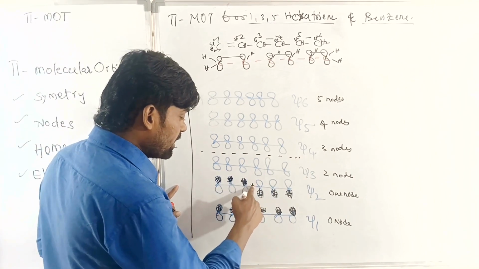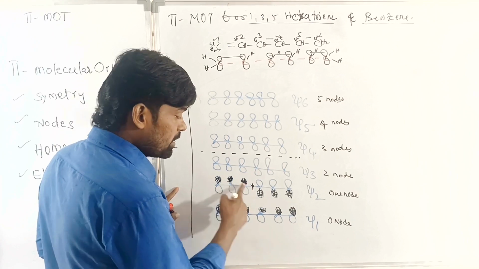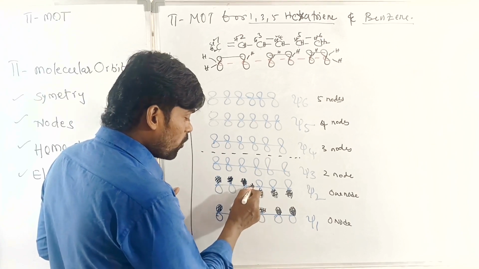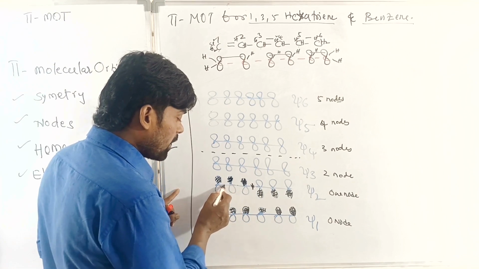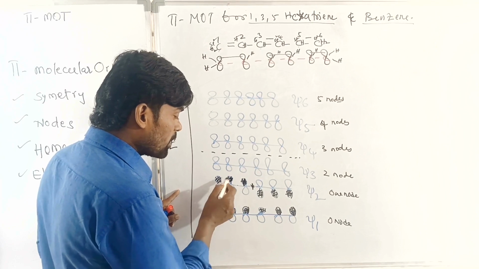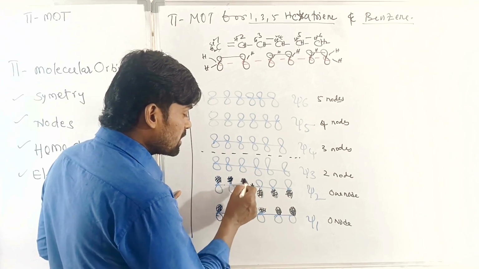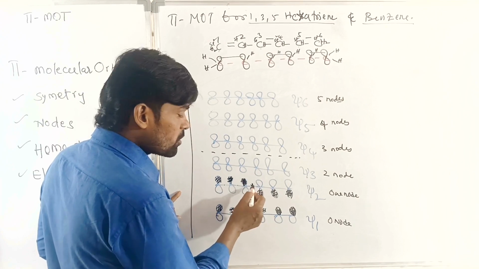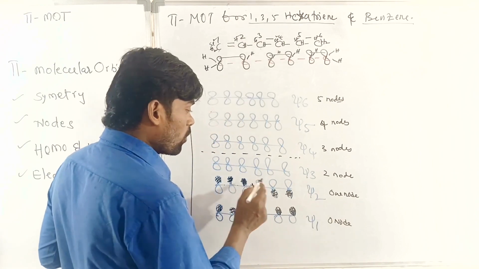Simply, we can divide it into 2 parts. If we cut here, there is no node. If we cut here also, there is no node because both are the same. If we cut at this place, there is a differentiation between these two, so a node is formed. Only one node is present.